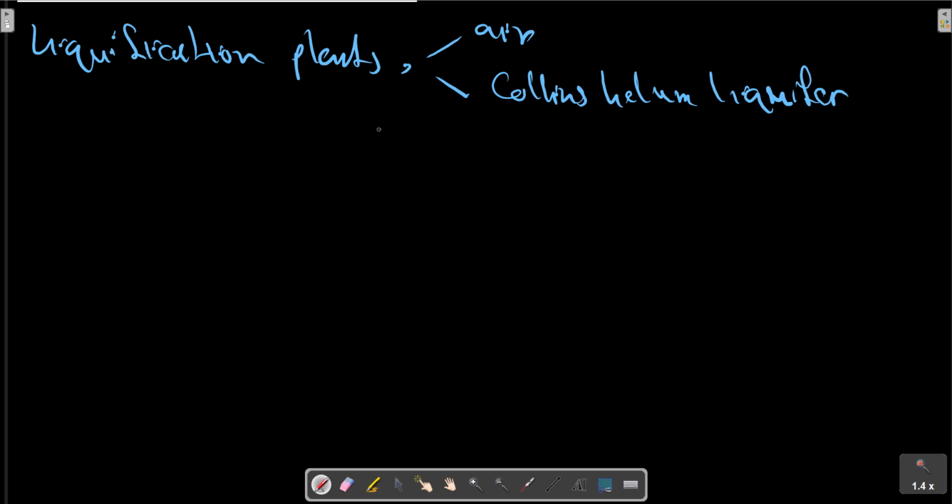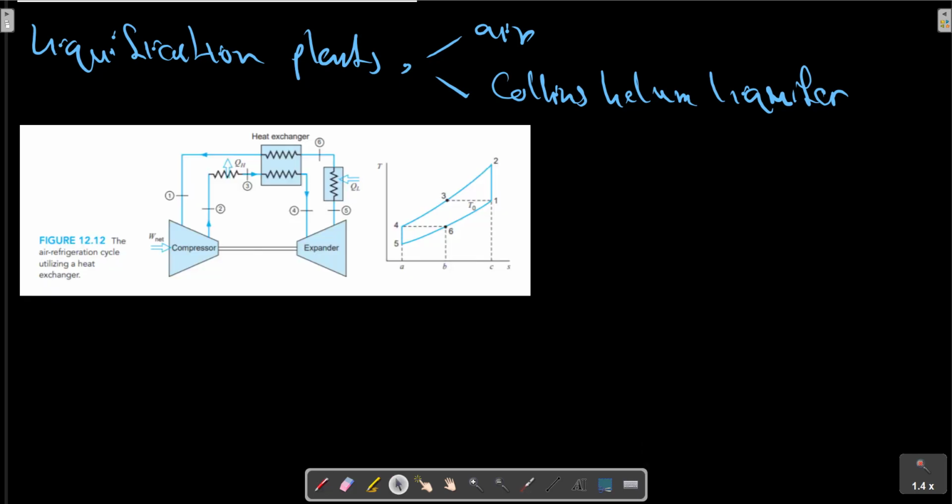The ideal cycle is as shown in the picture here. Because the expander operates at a very low temperature, the designer is faced with a unique problem in providing lubrication and choosing material.